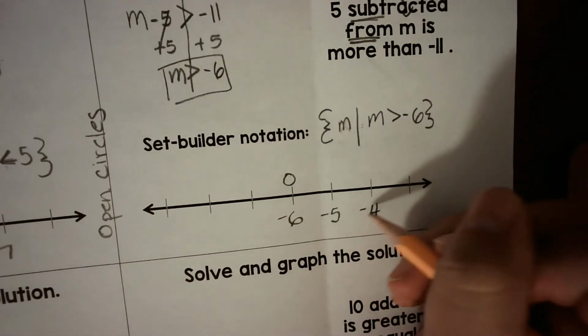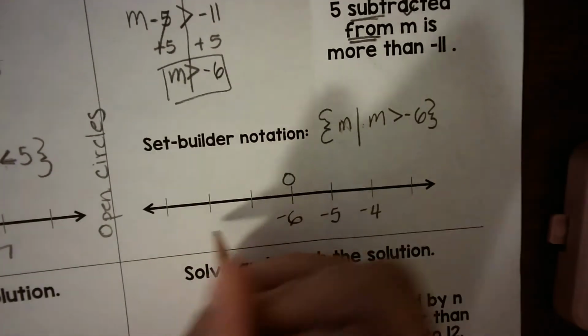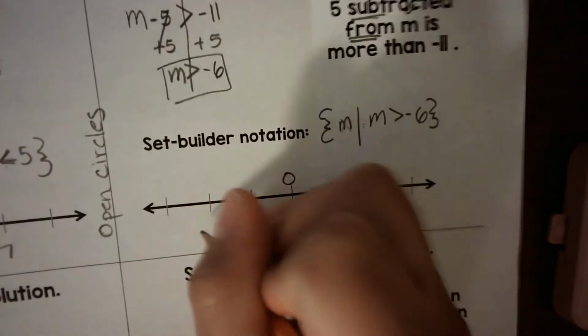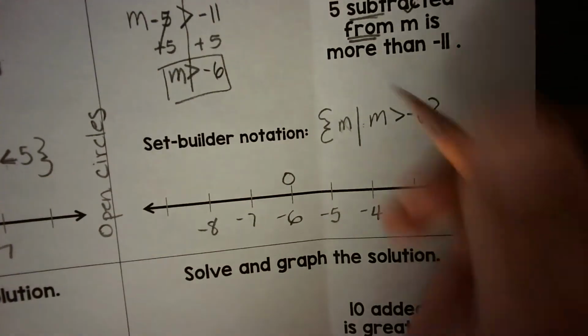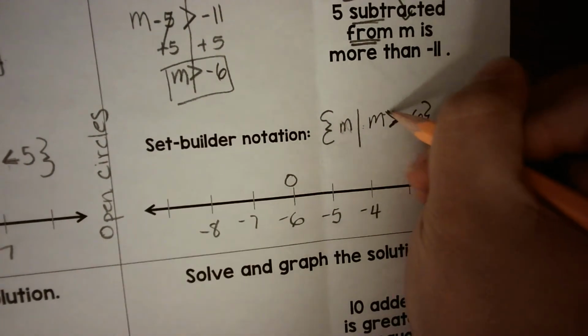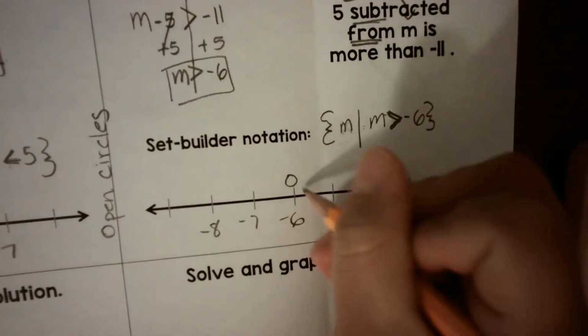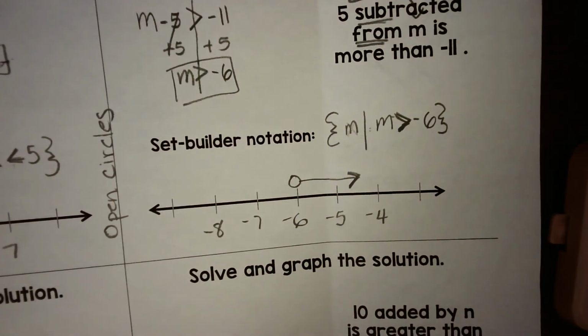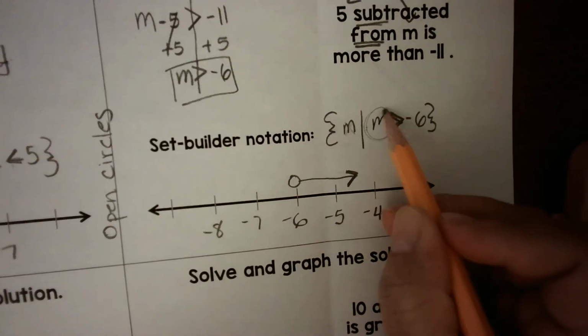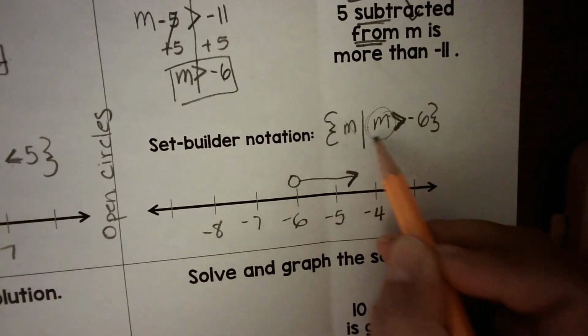But remember, it's sort of like money, so you would have less if we have negative 7 and negative 8. Okay, see this inequality looks like it's going to the right. So our arrow is going to face to the right. This is important because you need to have the letter on the left.